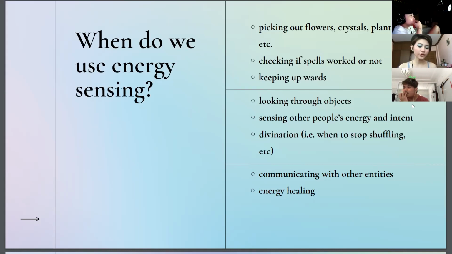Before we can communicate with them, you have to understand what they are first. So that's energy sensing. This can also apply to people with clairs. Usually, people will consider it their clair abilities, but sometimes you can do it consciously, and this is energy sensing. Consciously sensing energy around us.